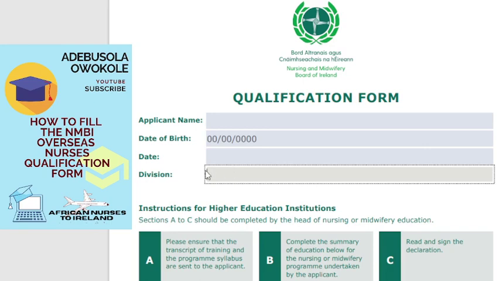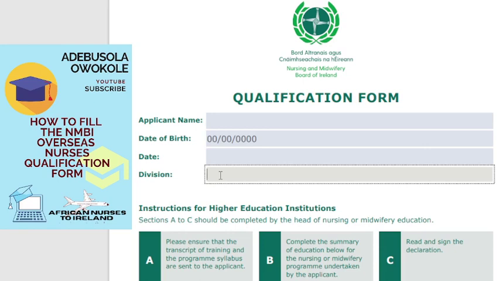Different qualification forms bearing each division. Different forms for different divisions. So one division at a time: general nursing, general midwifery. That division is the division you are applying for at that point in time.